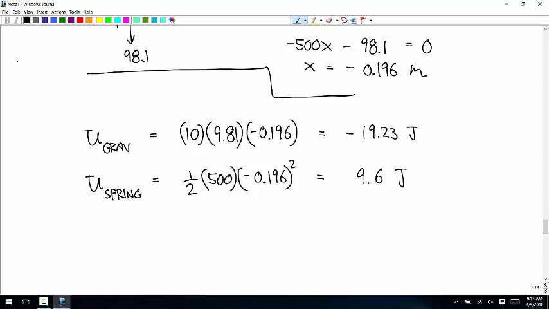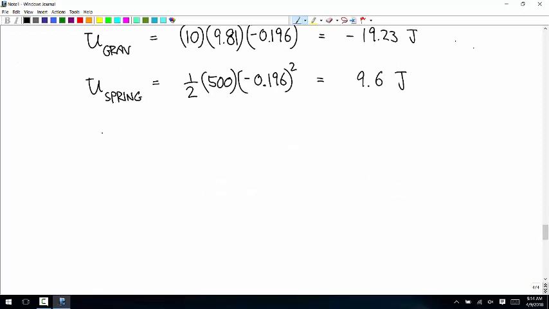The first time I've ever been wrong. And so the total potential energy is negative 19.23 plus 9.6. And what do you get for that? Negative 9.5.